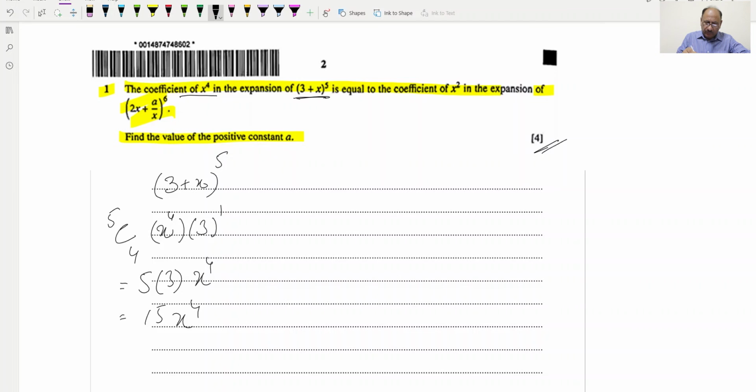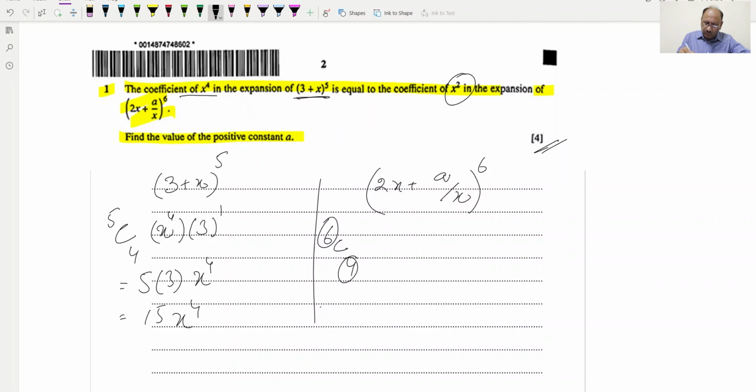Similarly, if we take the coefficient in (2x + a/x)^6, we are looking for the coefficient of x^2. So we will be looking for 6C4.